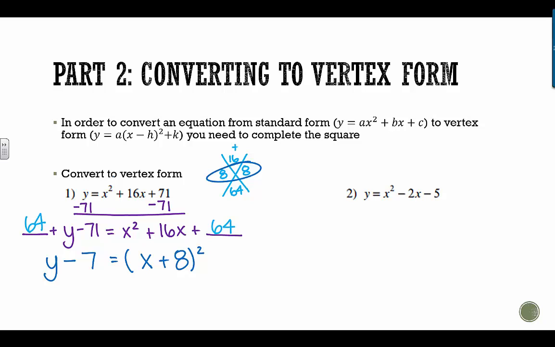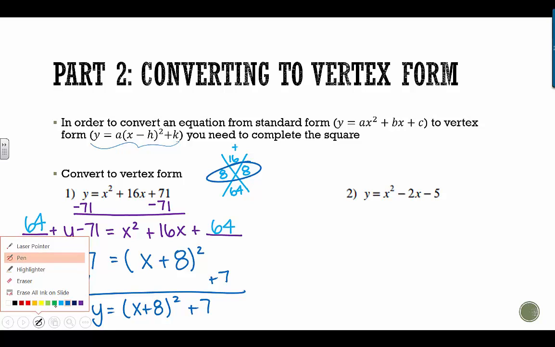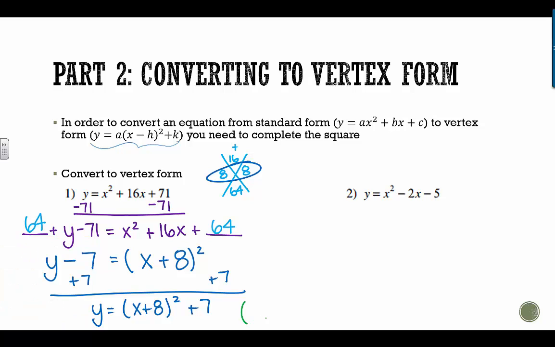Now remember, when we're going to get something into any form, it's always y equals. So we've got to move this 7 over, and we have y = (x + 8)² + 7, and it's in vertex form. So now if I asked you, it's really easy to find the vertex. It's going to be at (-8, 7).